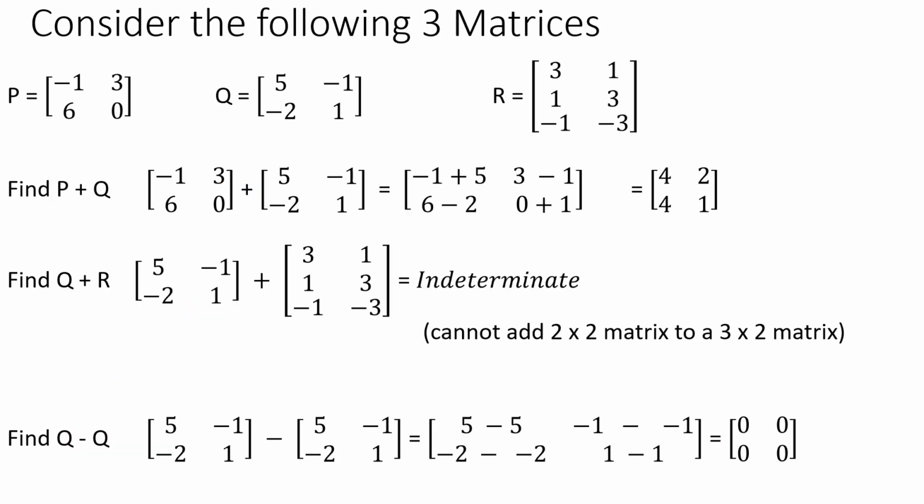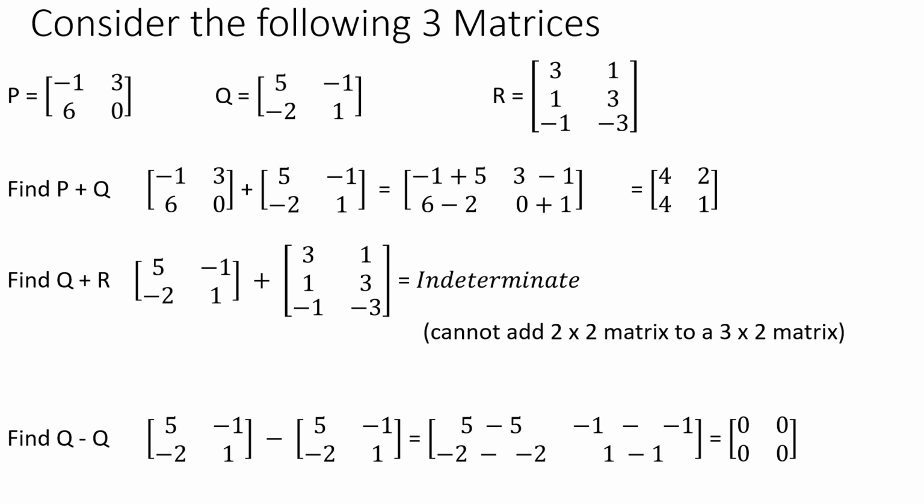Now, there's a couple other things I want to look at in terms of matrices here. Number 1, I've got P, a 2 by 2 matrix, Q, a 2 by 2 matrix, and R is a 3 by 2 matrix.